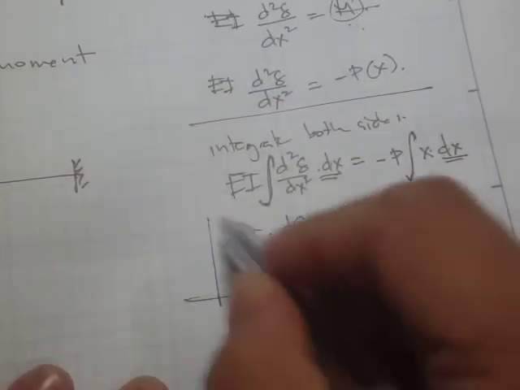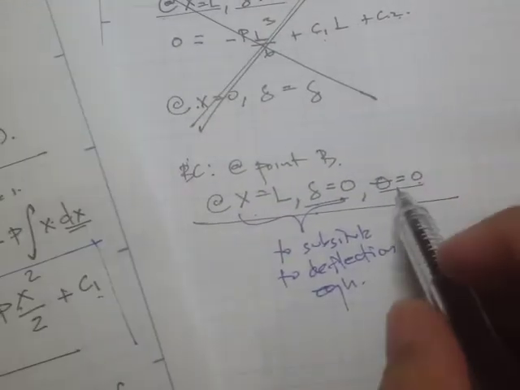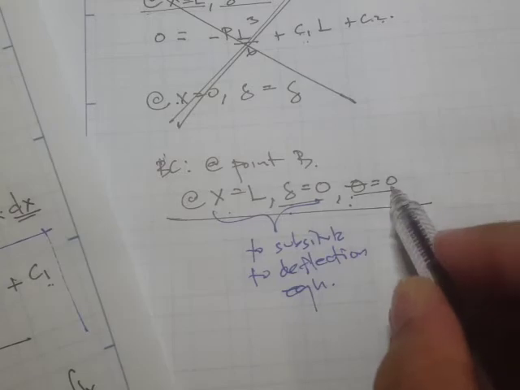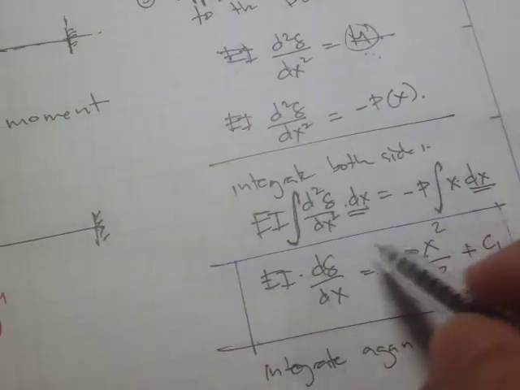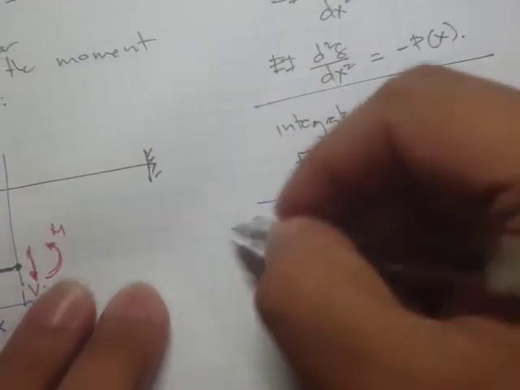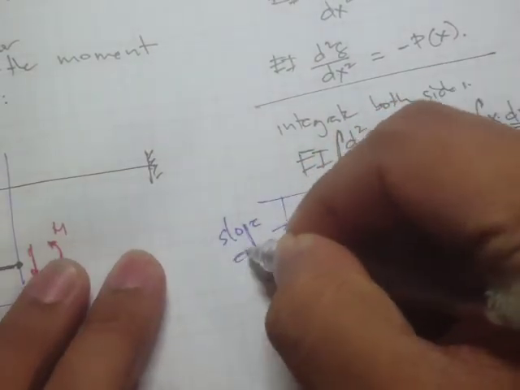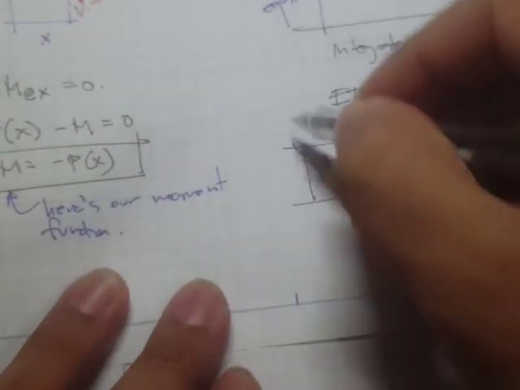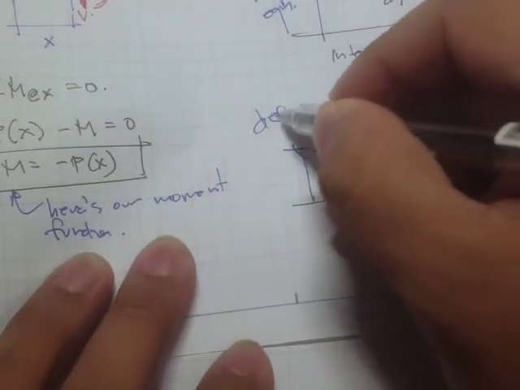But if we are going to use the slope, theta is equal to 0, then we need to substitute it into this equation, right here, the slope equation. And this one is our deflection equation.